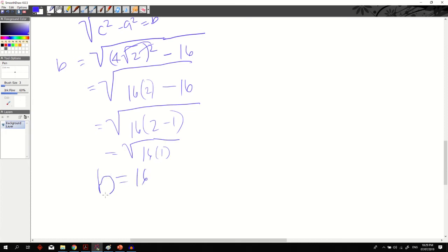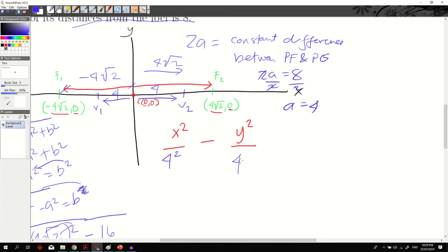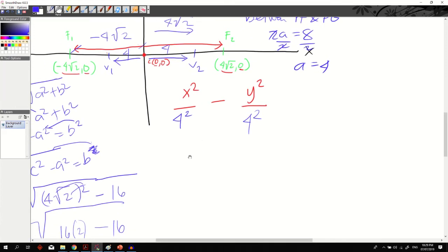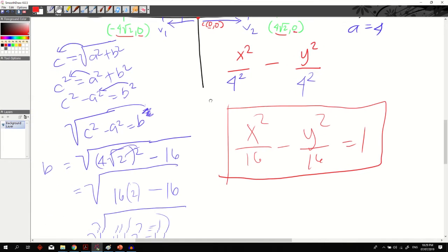So square root of 16, so b is equal to 4. Okay, so if b is equal to 4, then this will become b squared. So the final answer should be x squared over 16 minus y squared over 16 equals 1. Okay, so this is the final answer.